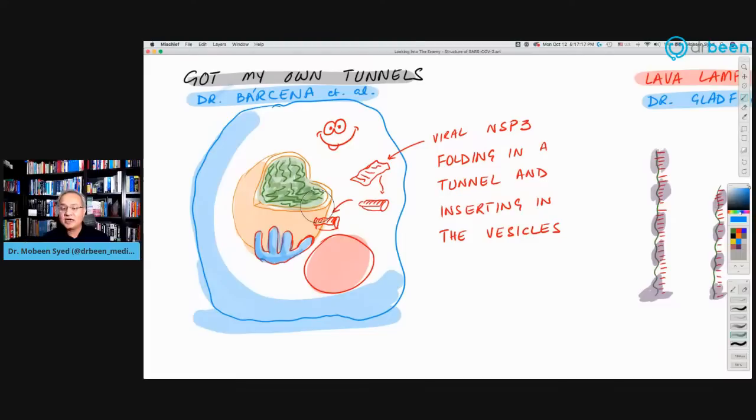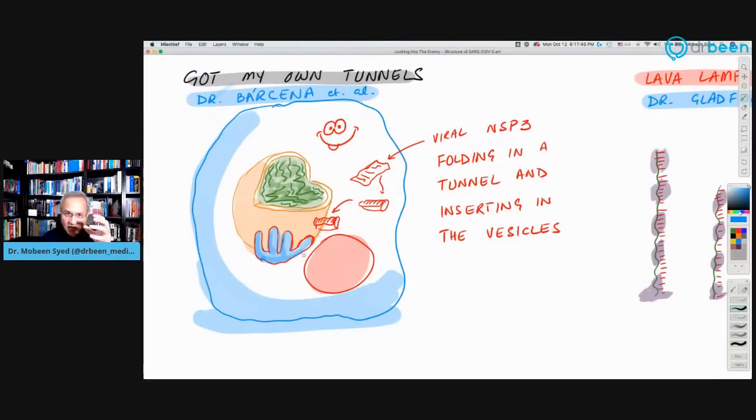The question that the researchers were trying to answer was, they see the RNA being built in this vesicle, but how is this RNA coming out of this vesicle? There were no pores, there were no outlets in the vesicle through which the RNA could come out.